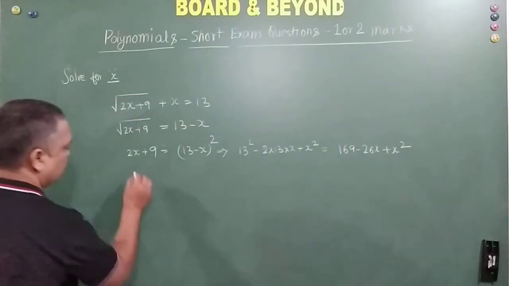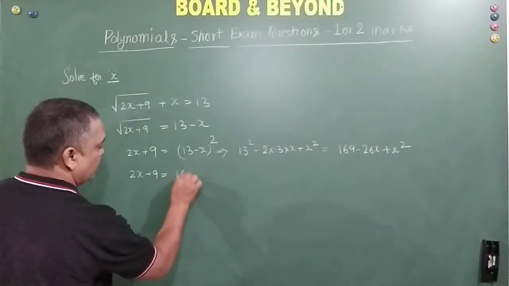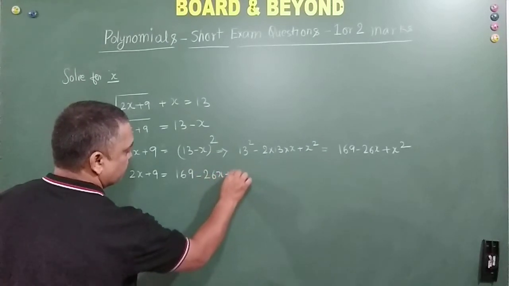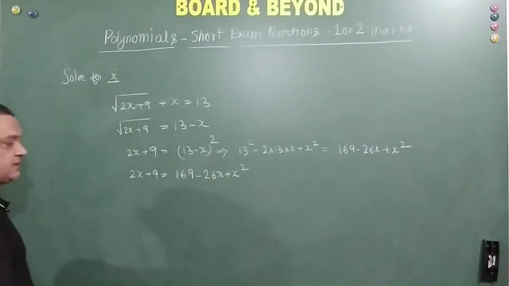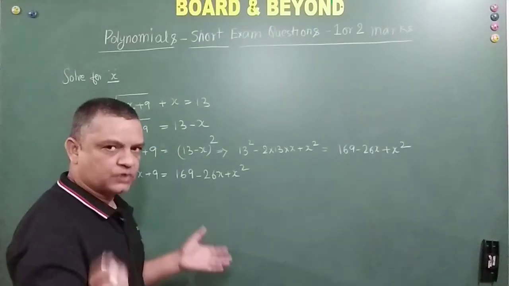Correct? So now I will bring it here. 2x plus 9 is equal to 169 minus 26x plus x square. Friends, what I will do now is bring all the terms to one side and equate it to 0.